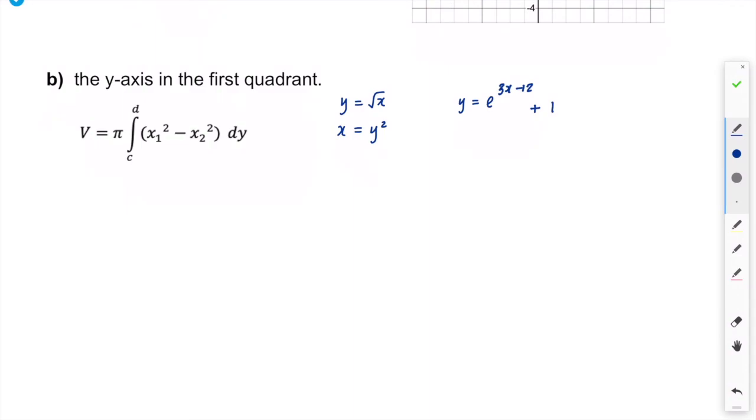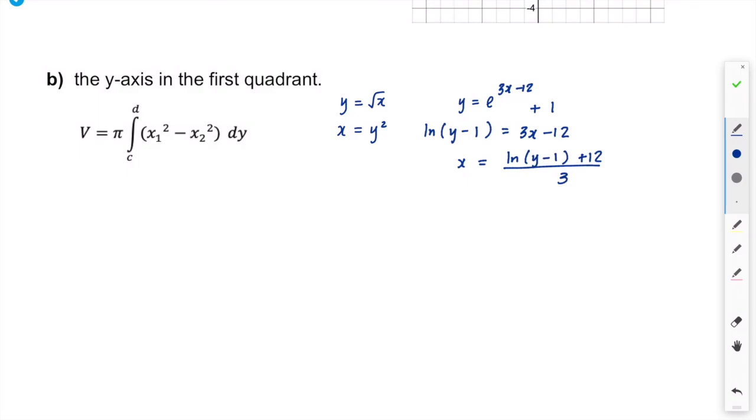So I have y minus 1 equals e to the power of 3x minus 12. If I ln this, I get 3x minus 12, which means that x must be ln of y minus 1, plus 12, over 3.